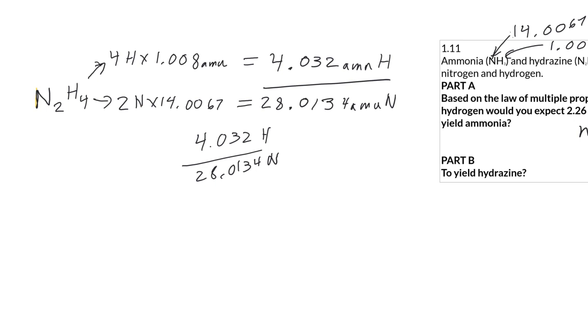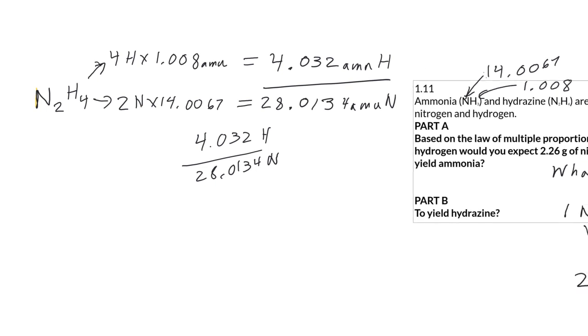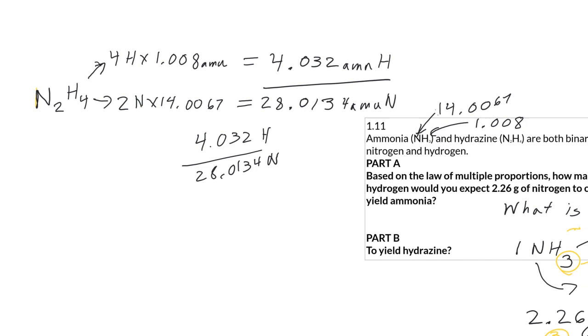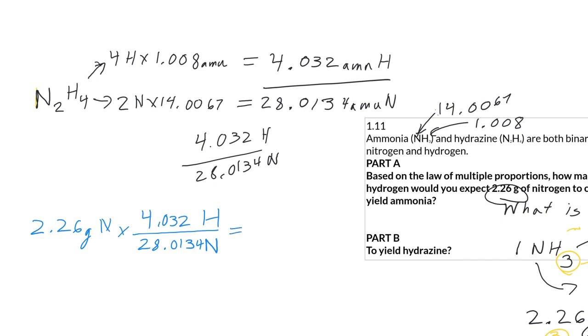So according to this problem, drag the problem back on screen here, we're starting off with 2.26 grams of nitrogen. I don't want nitrogen, I need to get rid of my nitrogen, so I place nitrogen down here. I'm wanting hydrogen. In the context of hydrazine, I know that for every 28 parts of mass nitrogen I have 4 parts of mass hydrogen.